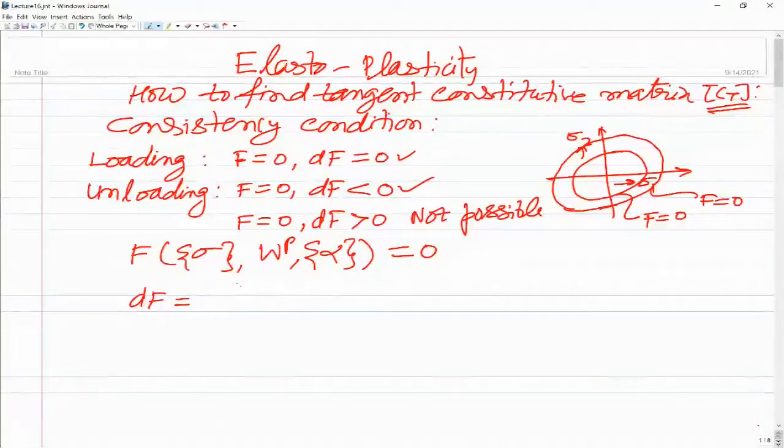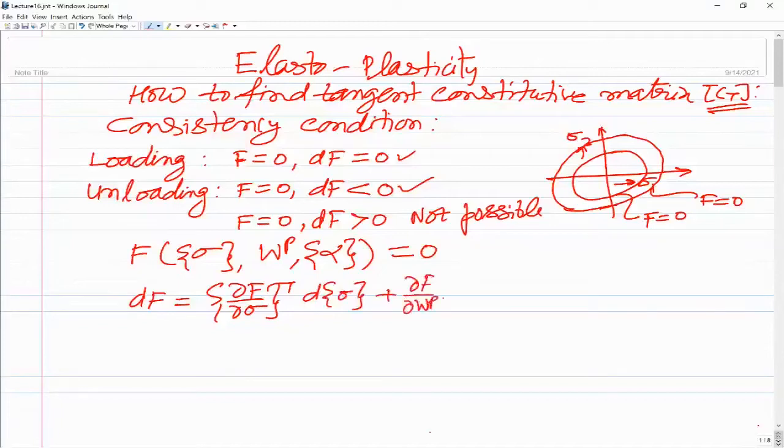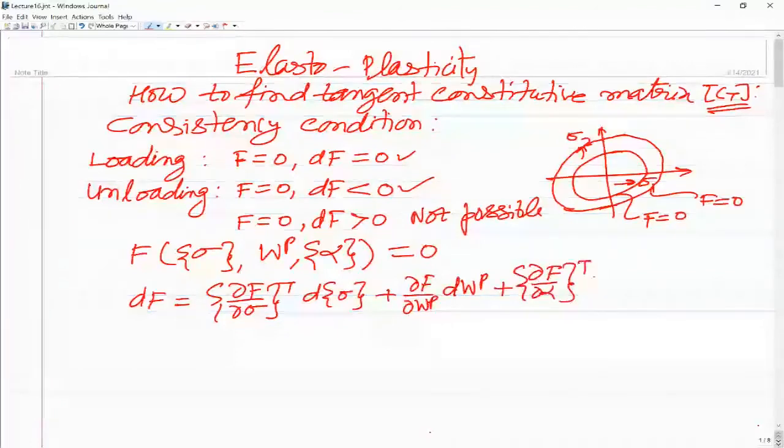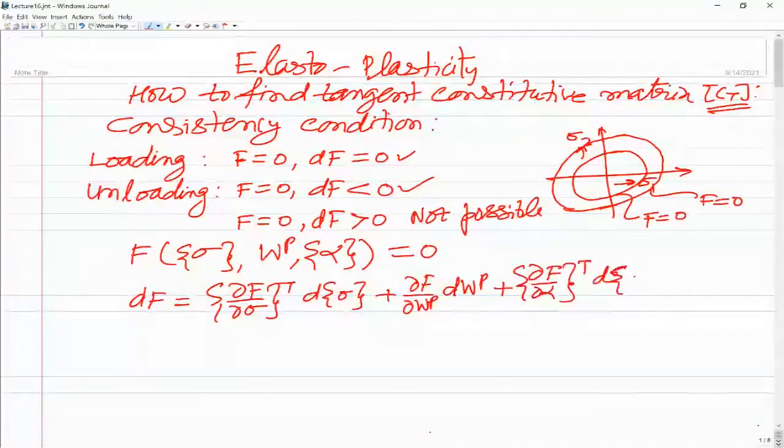So we can write df is equal to del f by del sigma transpose into d sigma, plus del f by del wp into dwp, due to change in wp, and then del f by del alpha into change in alpha, that is d alpha. And for the loading case, this is equal to 0.